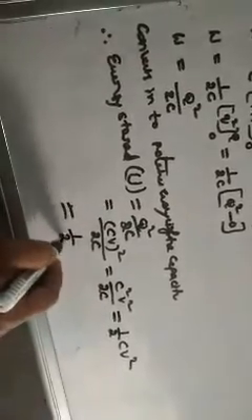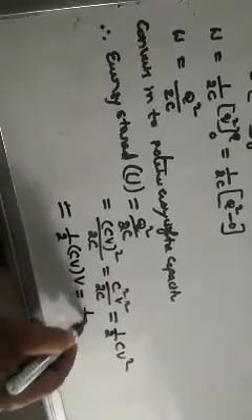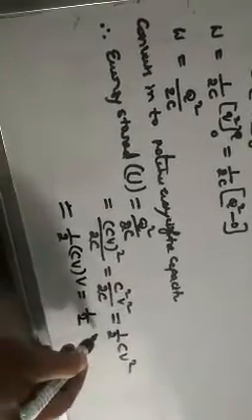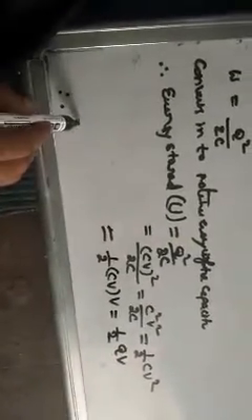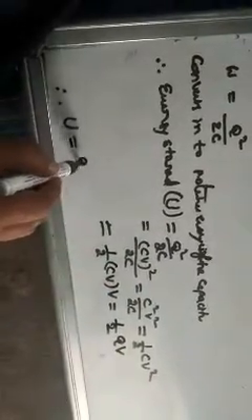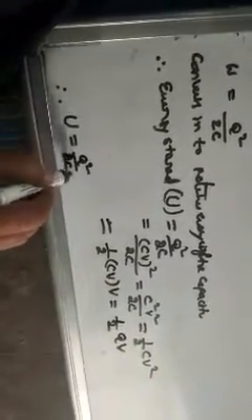One more modification: this half CV square, I write as half CV into V. CV means Q, since Q is equal to CV. So finally, the energy stored in the capacitor U has three formulas. One is Q square by 2C.